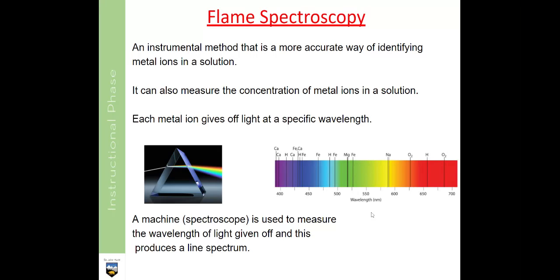Now, we can use a machine known as a spectroscope to measure that wavelength that is being given off and then produce what we call a line spectrum. So you'll get a line, and that line will then refer to one of these metal ions, which we can then compare it with and identify.